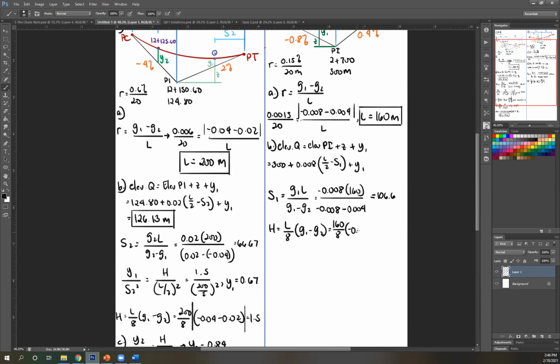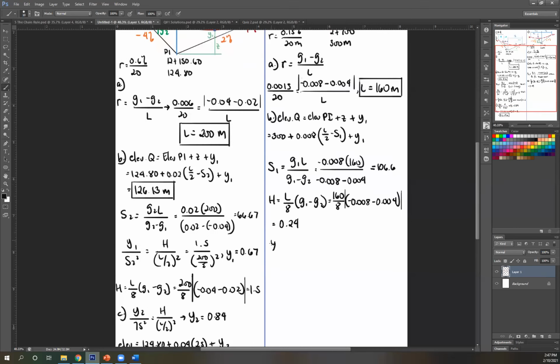G1 is negative 0.008 minus G2, which is 0.004. Again, compute. 160 over 8. This is absolute value, by the way. So 0.008. That is 0.24. Okay, so no need to store since that's the whole value.